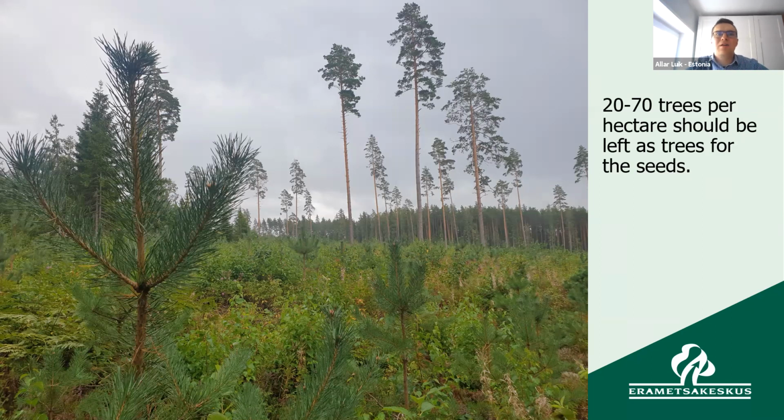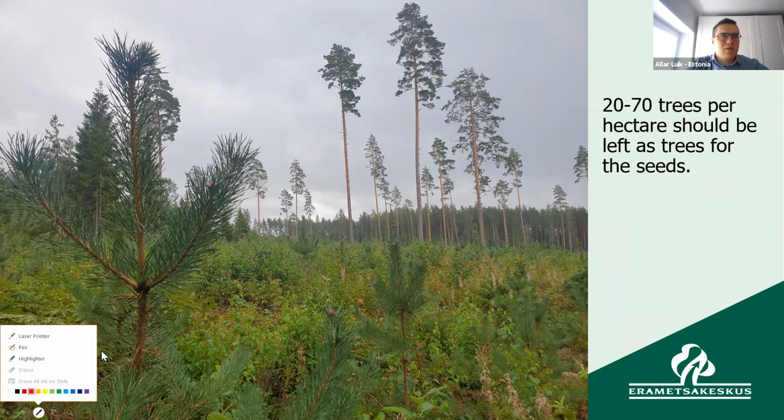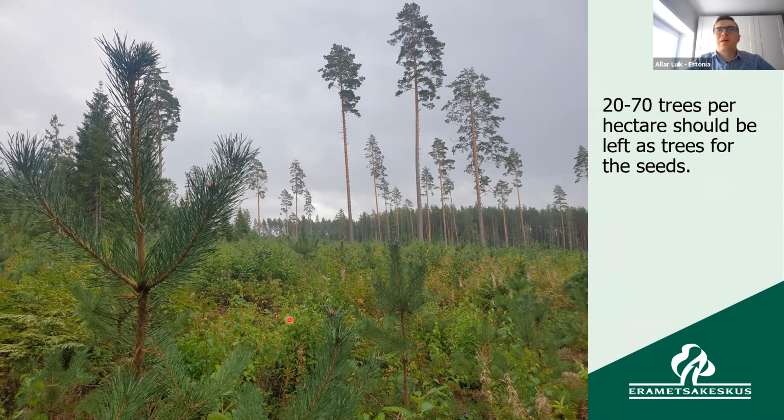Because you can see in the picture, there are also birch trees growing. And if the owner would not plant any trees, just hope for the seeds to come, then there would be a high risk that this pine forest would become a birch forest in the future.